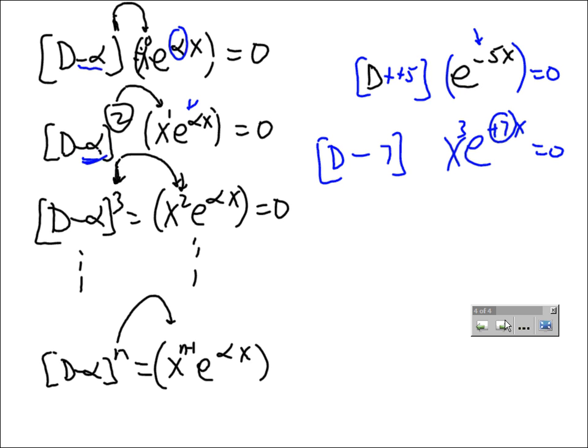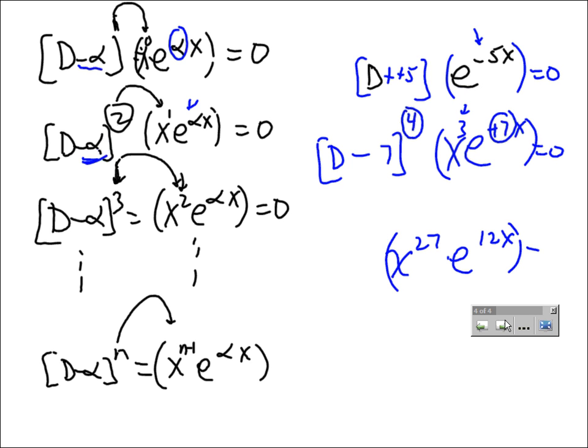Okay, and then you have to decide on the power out here. If that's a 3, you do it 4 times. You need to be able to walk down the street and recite that. So now somebody asks you, what differential operator will annihilate this?